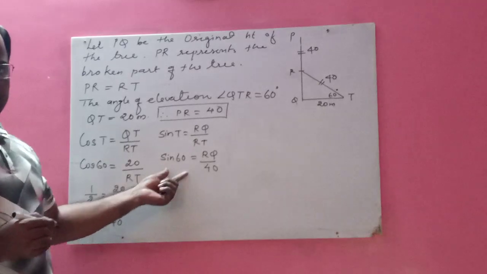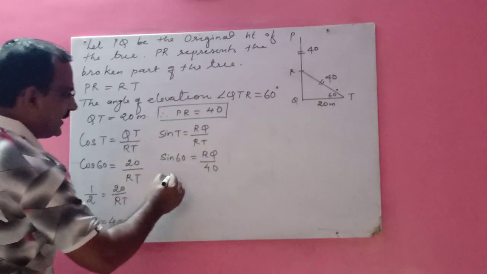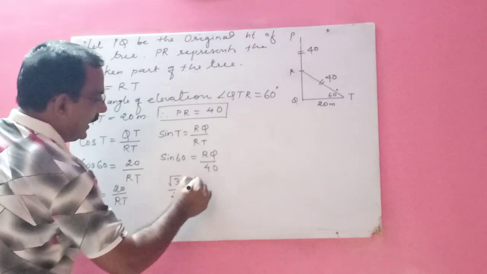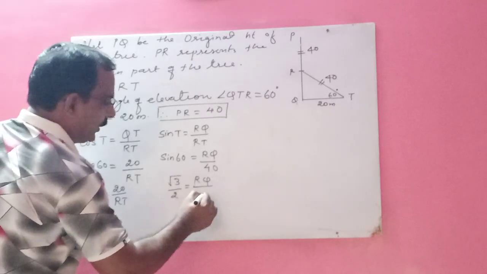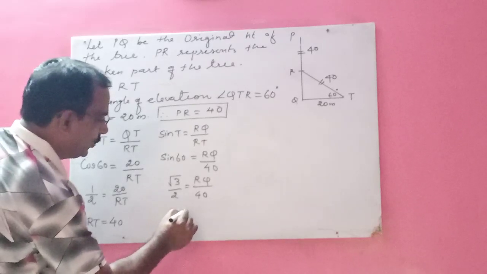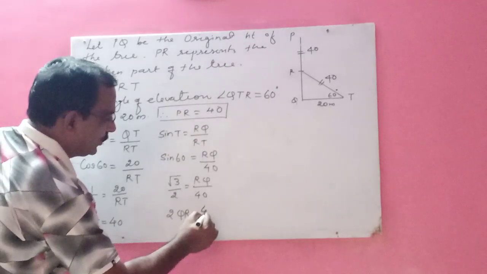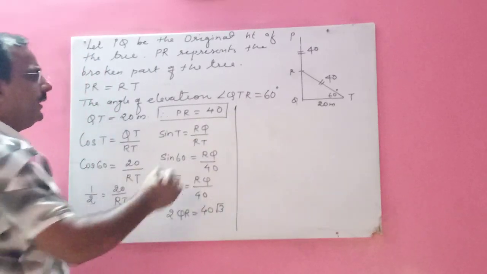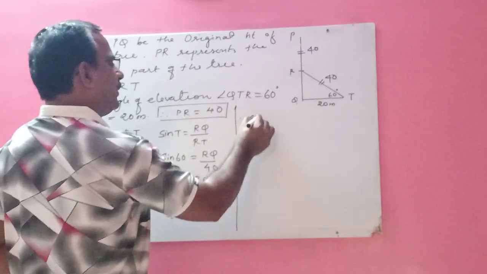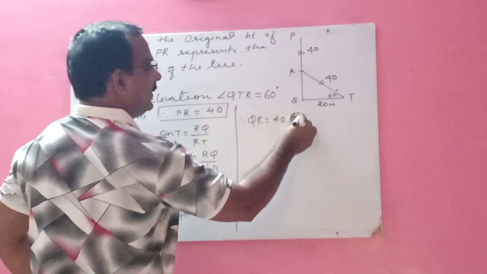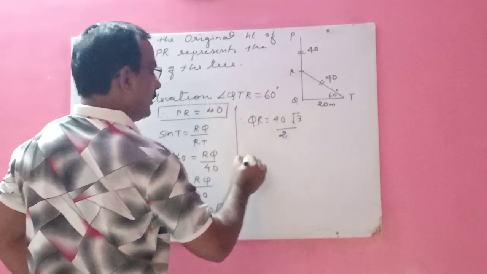What is the value of sine 60? Sine 60 is root 3 by 2, equal to RQ upon 40. Cross multiply here, so 2 RQ is equal to 40 root 3. Therefore, QR is equal to 40 root 3 upon 2.